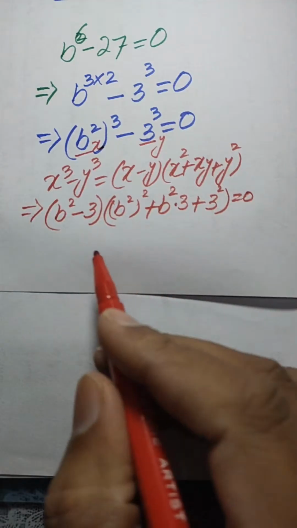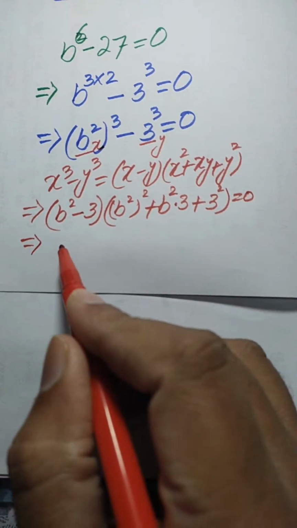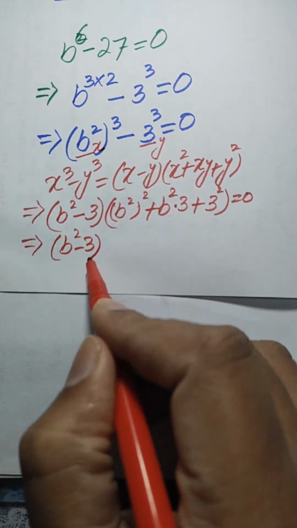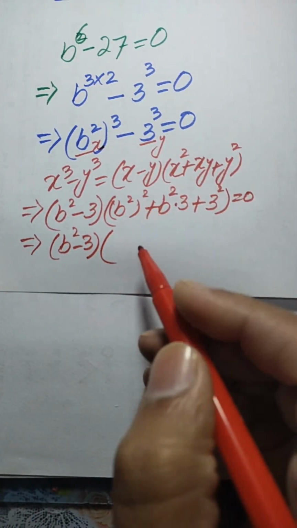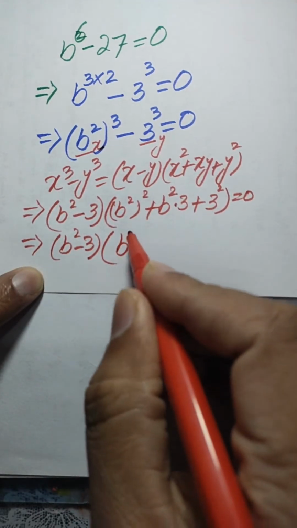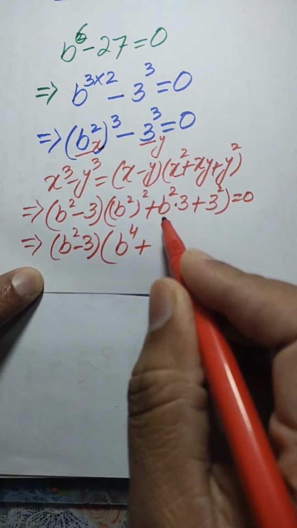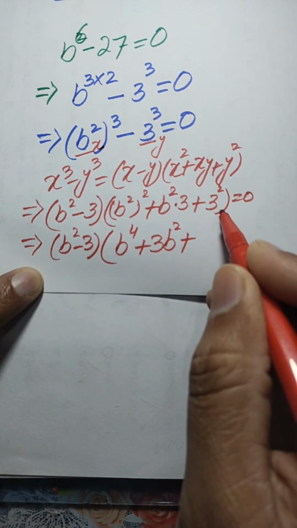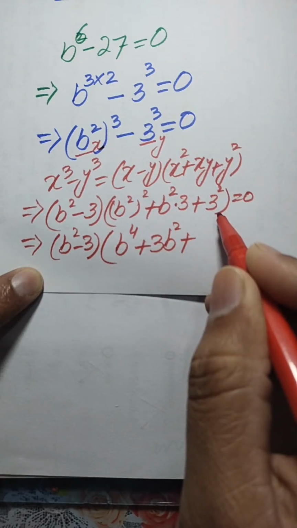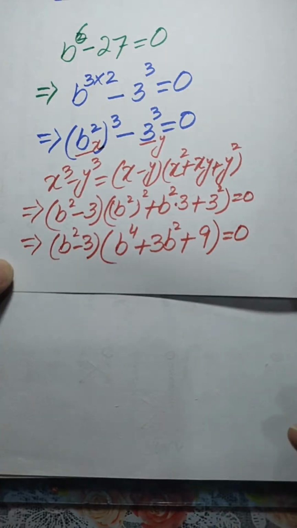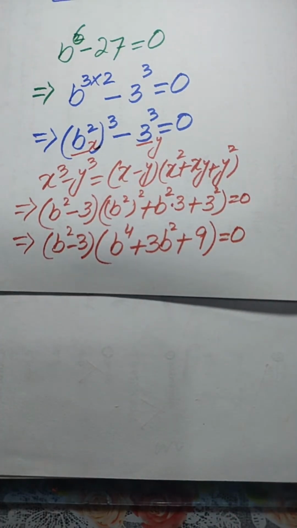Now in the next step we need more simplification, and it will be written as b squared minus 3 times b squared whole squared, so we write it as b to the power of 4, plus 3 times b squared, plus 3 squared, and 3 squared becomes 9, and this whole equation is equal to 0.